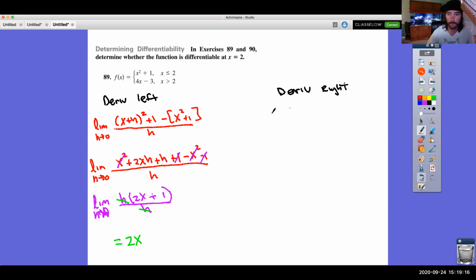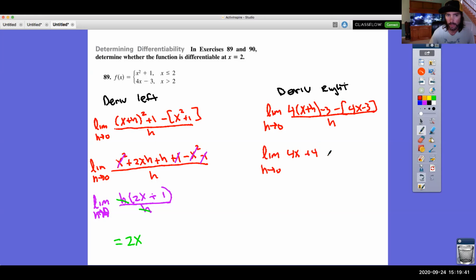Same thing on the right, but I'm using 4x minus 3 this time. 4 times (x plus h), minus f of x. Distribute: 4 times x, 4 times h, minus a 3, distribute the negative.